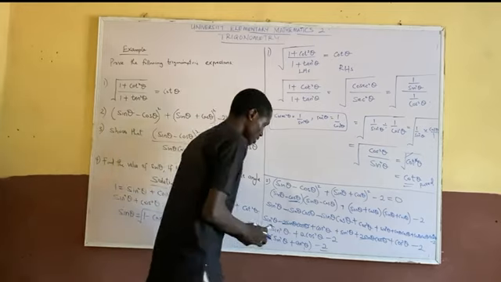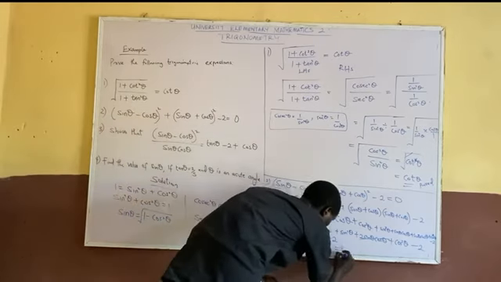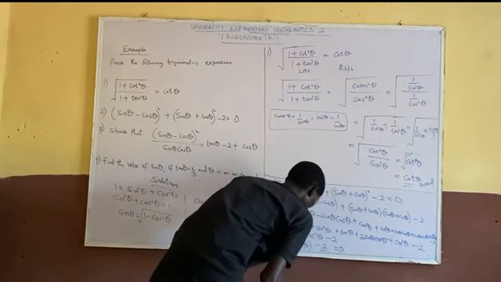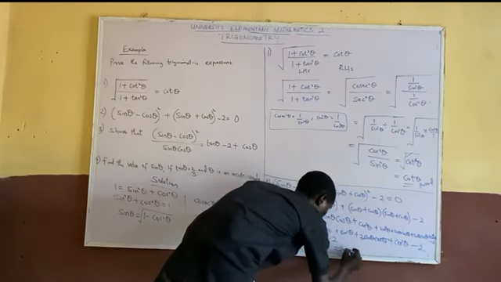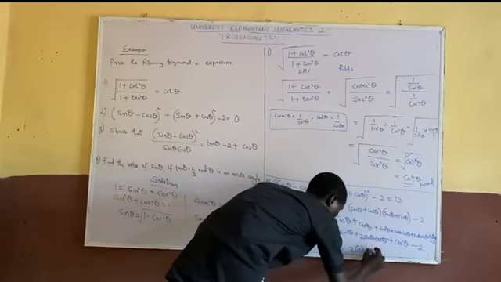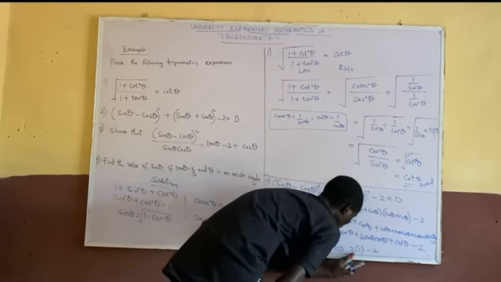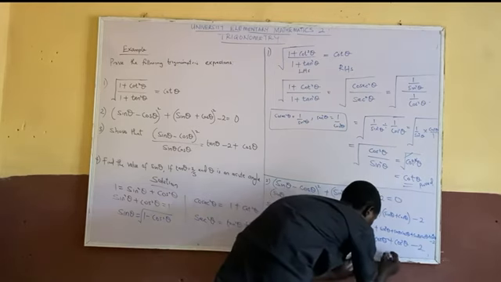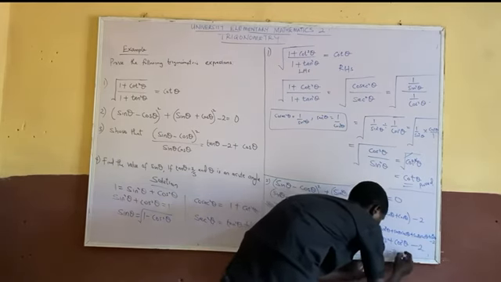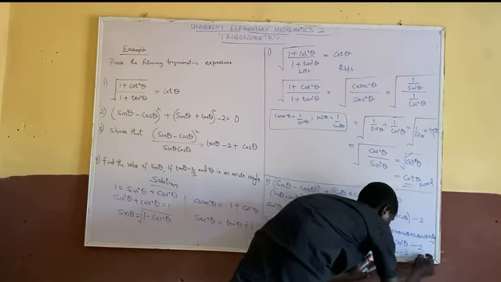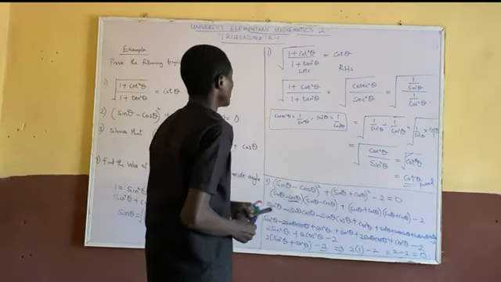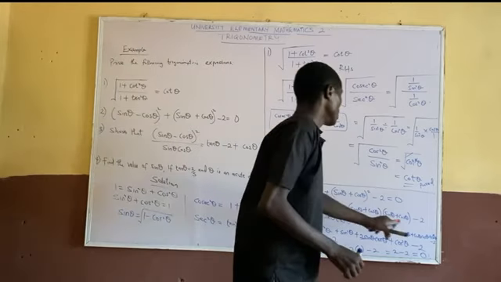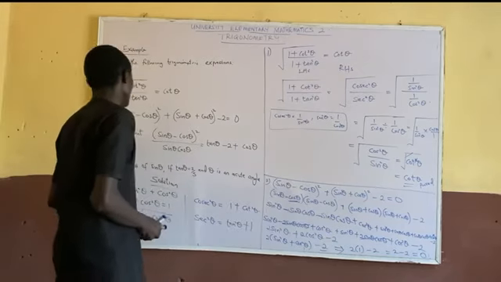So everything that we have here will be equal to 2 times 1 minus 2. 2 times 1 is 2, minus 2. So 2 minus 2 is equal to 0. Everything here is equal to 0.